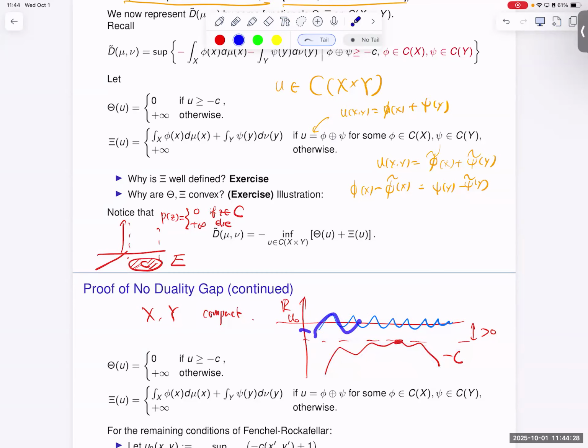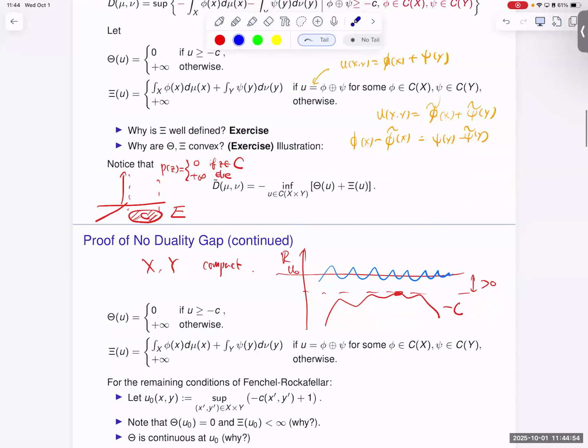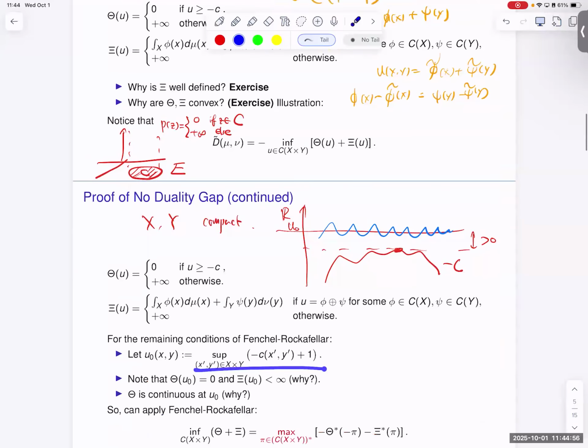But why do I mention this? Why do I consider these small changes? Because that's what continuity is about, right? This function, which is a constant function, does not change with small changes, meaning the small change of this function still satisfies this condition, bigger than negative C. So you can just achieve it by taking this.